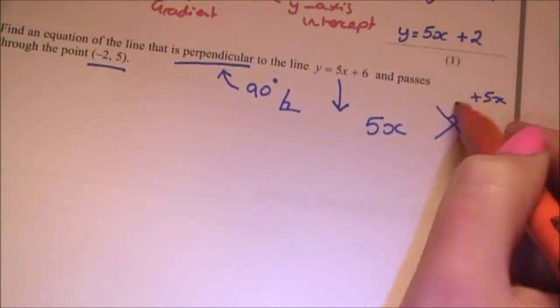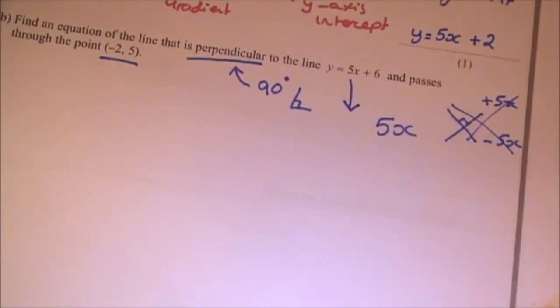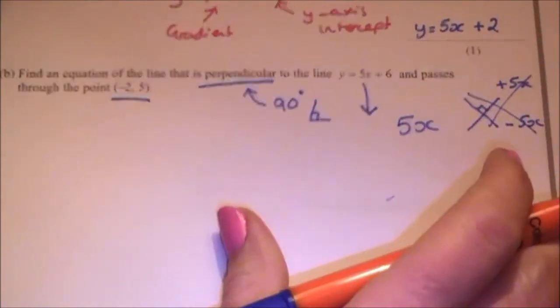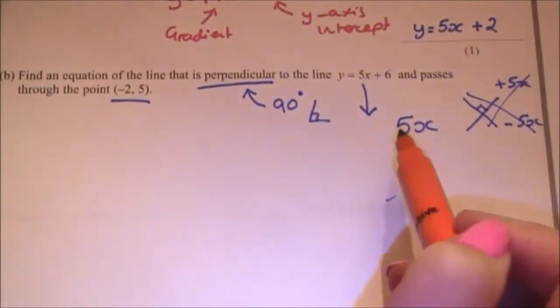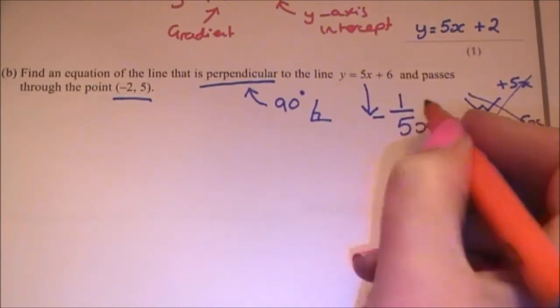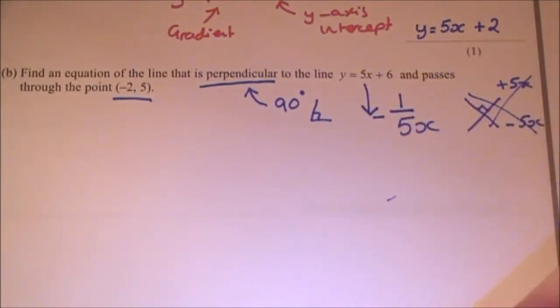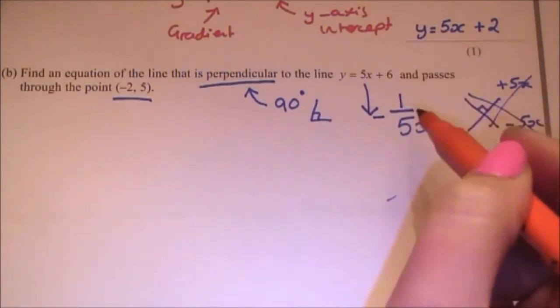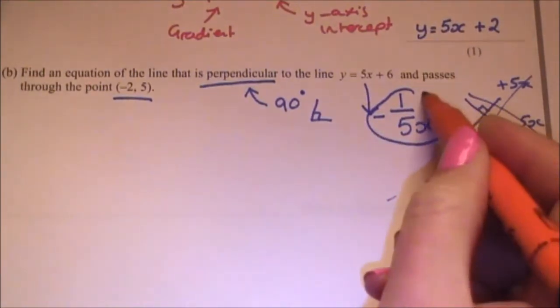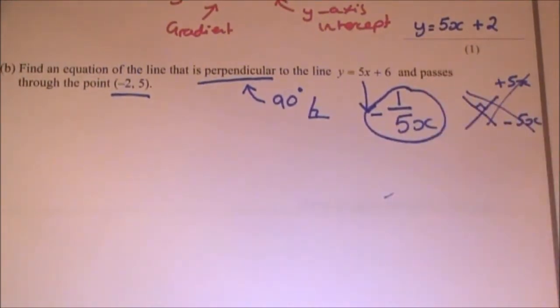But that's not correct. That's not how it works. If you're ever asked to find the perpendicular to a gradient, it's actually -1 over the coefficient of x. Okay, so I'm actually looking for a line with that gradient.